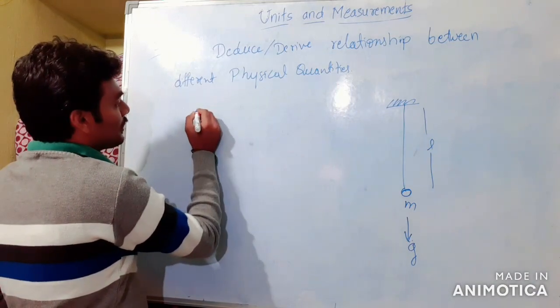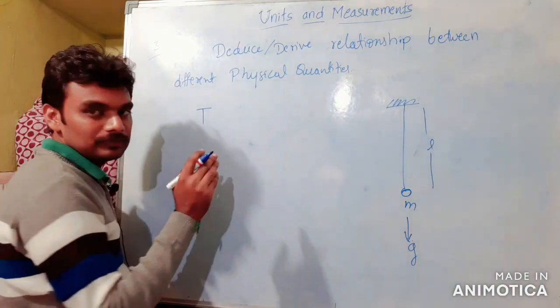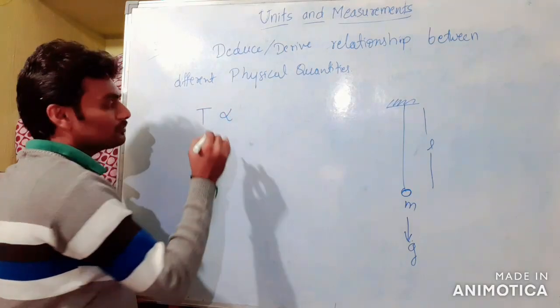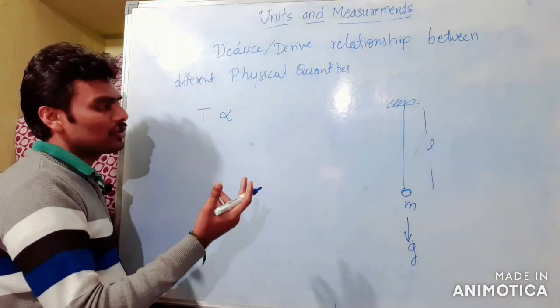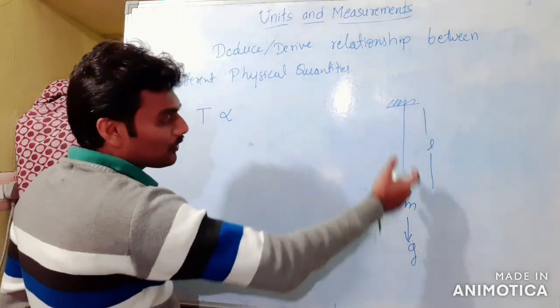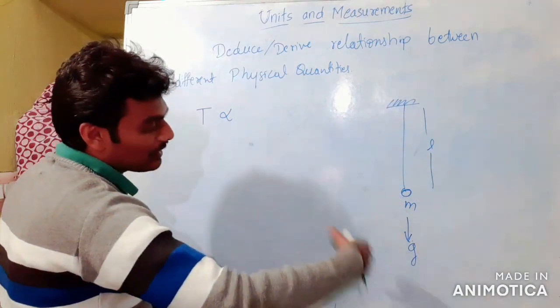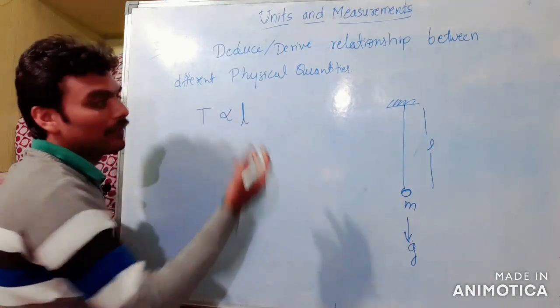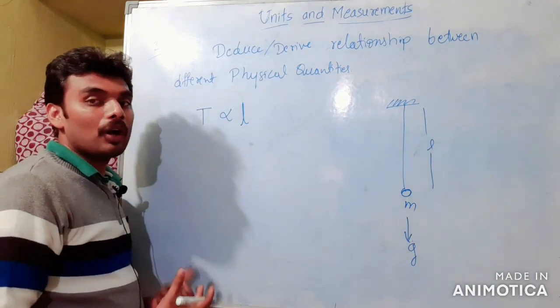So now I think the time period of oscillation is dependent on so many factors, but I now look at the factors which I can vary, which I can change. I can change the length, so I think it depends on length. But I don't know how it is dependent.